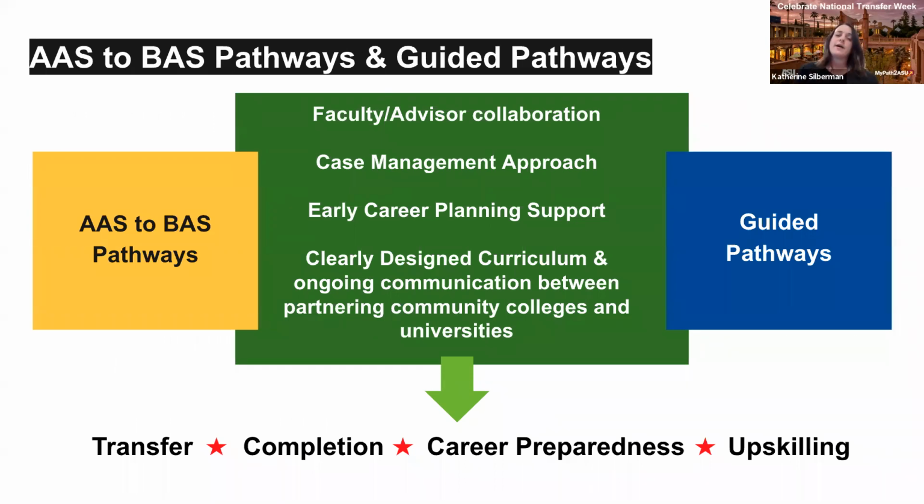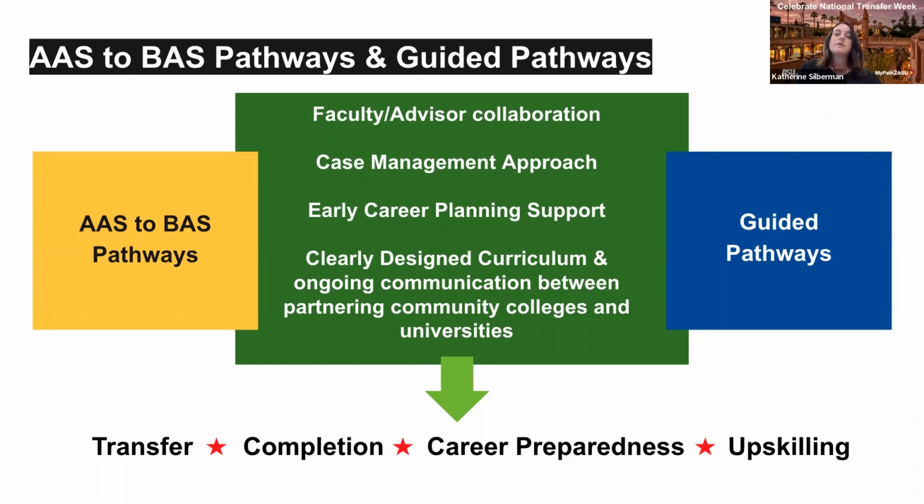They both rely on faculty advisor collaboration so that everybody's really strong on their content area expertise, a case management approach where the people supporting students get to know their students because they're not trying to be everything to everybody in the institution. Early career planning support so that students know their degree options and also know that they're headed in a direction that feels right to them.